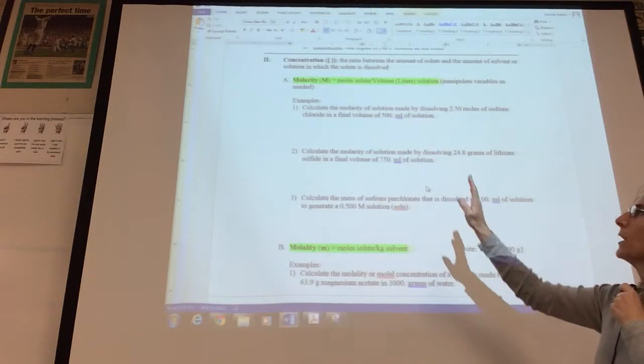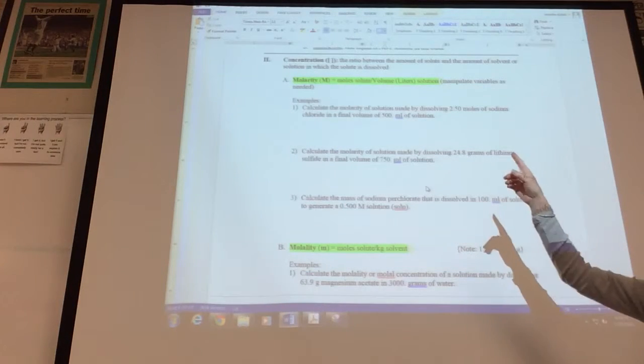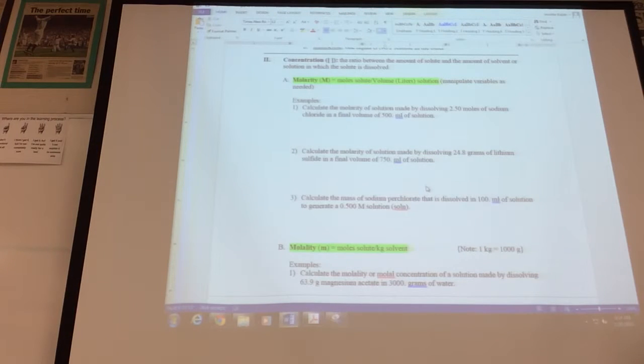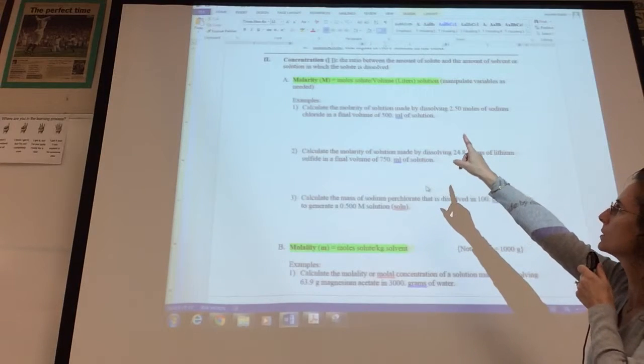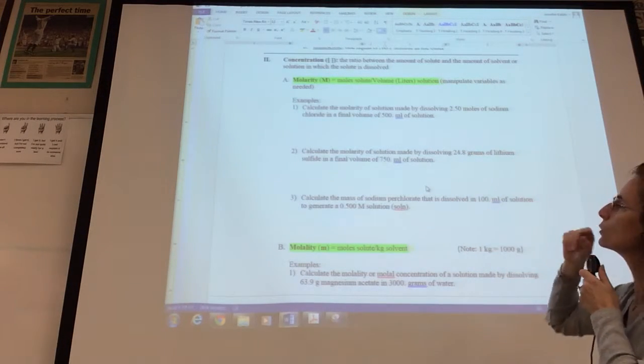The main way we express concentration, and this is how I order all of your chemicals, is with molarity. Molarity has a capital M, so when it's said like 1 molar hydrochloric acid, the molarity of your hydrochloric acid was 1 mole per liter. So molarity is moles of solute over the volume in liters of solution.